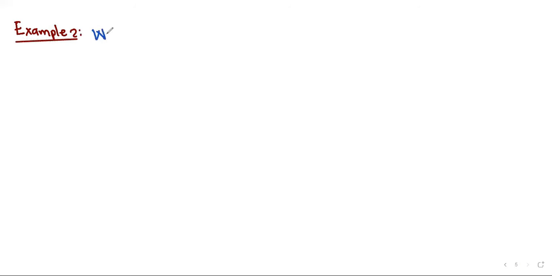Write the following, and let's just have it as: write 0.7 repeating as a fraction.